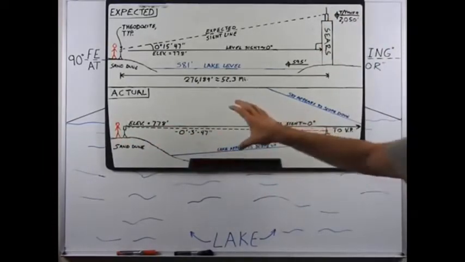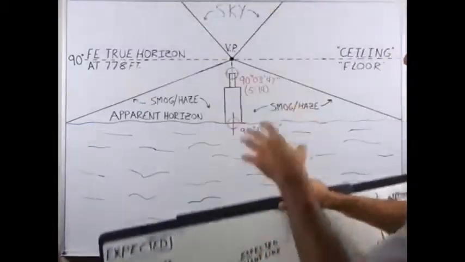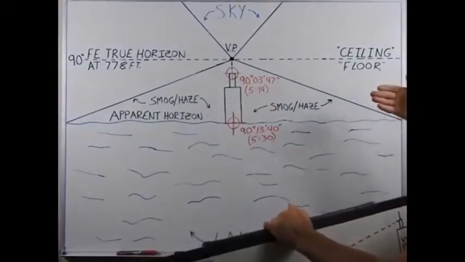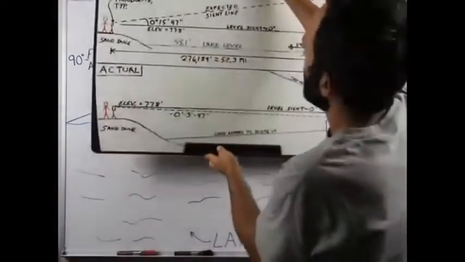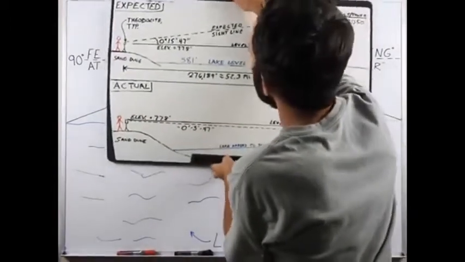So this is basically what he's seeing, what he's seeing here from this side, if that makes sense. Okay? Just to try to visualize what's going on here.